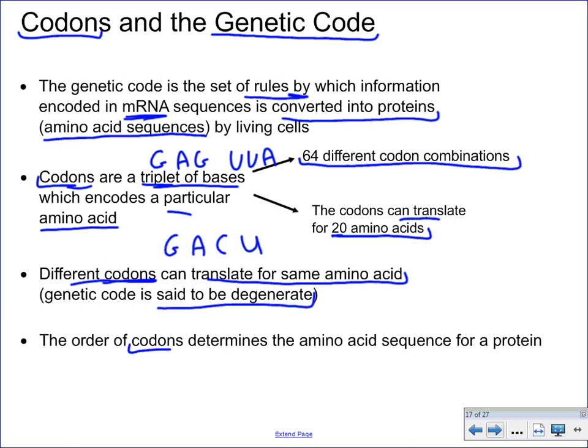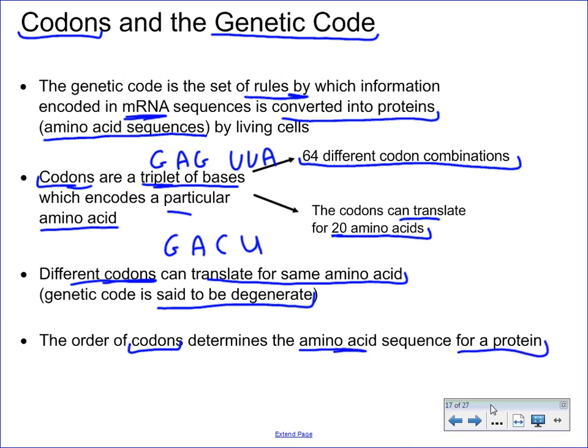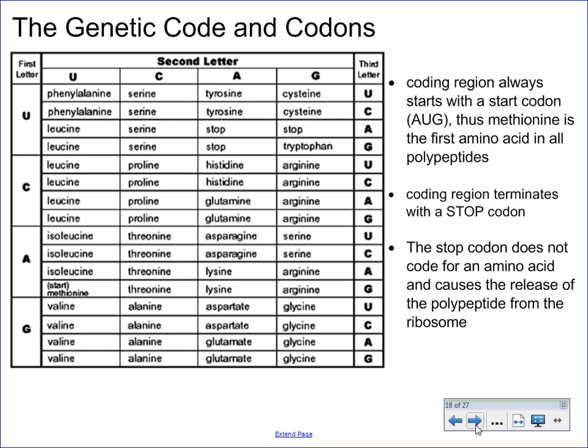Now the order of the codons in an mRNA sequence will determine the amino acid sequence for a protein. The chart on the slide gives you the different combinations of codons and which amino acid corresponds to each codon.